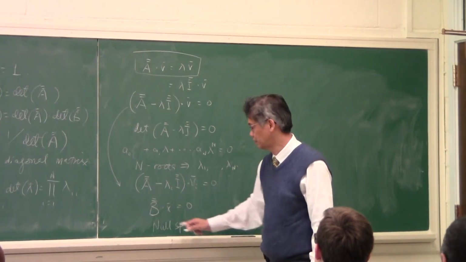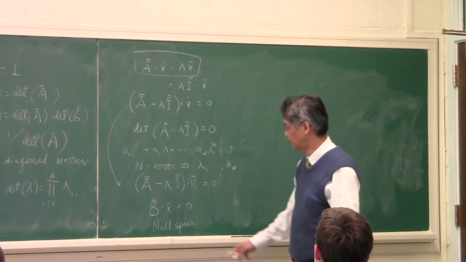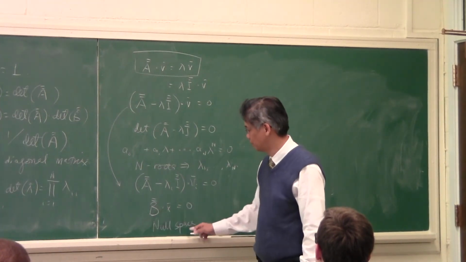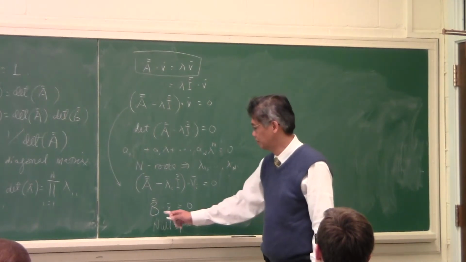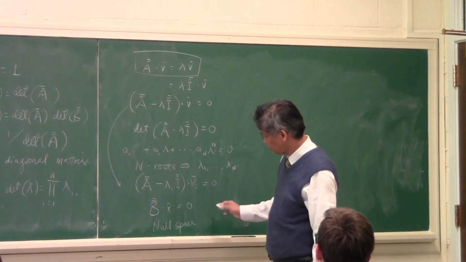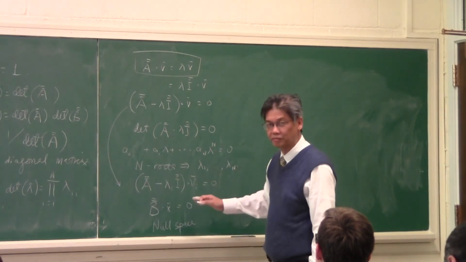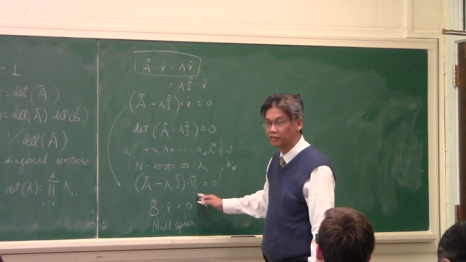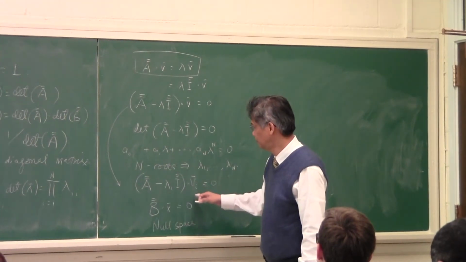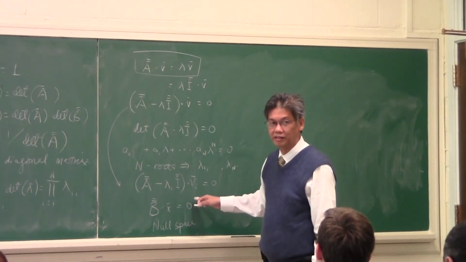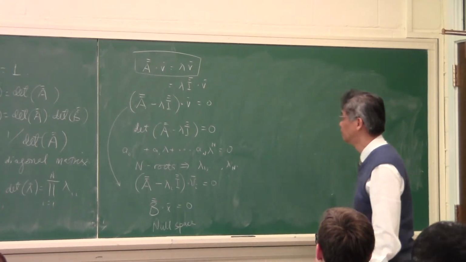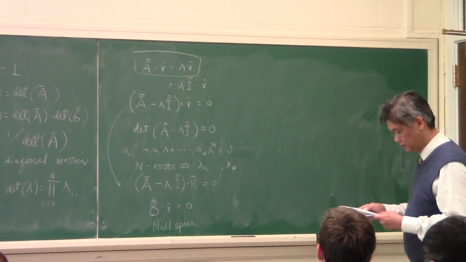When there exists a vector x such that when multiplied by b gives you 0, this means that b has a null space. Then you can go through an algorithm to find this. It's again not trivial. When it's 2 by 2, it's quite easy to do. When it's n by n, finding this vector is not trivial, and you can use a computer program to find it. So you find those eigenvectors.